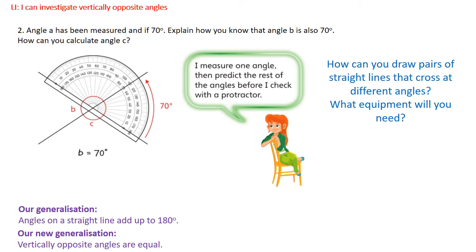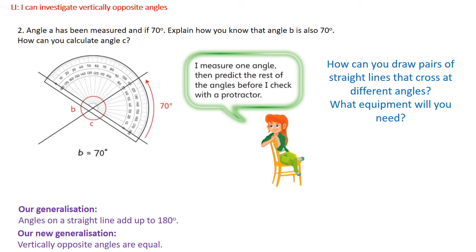So in this question, an angle has been measured and is 70 degrees. Explain how you know that B is also 70 degrees. How can you calculate angle C? Well, if the angle that's measured is 70 degrees and B is the vertically opposite angle because two straight lines cross at a point, then we also know that that is 70 degrees.